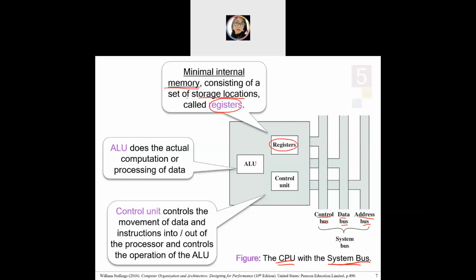That's why it is like a minimal internal memory, used for storing. While the ALU does the actual computations or processing of data. And lastly, the control unit controls the movement of data and instructions in and out of the processor, and controls the operations of the ALU.